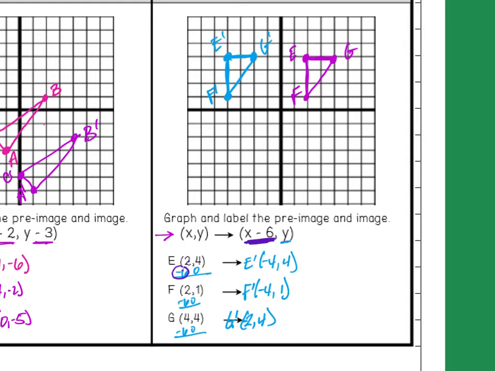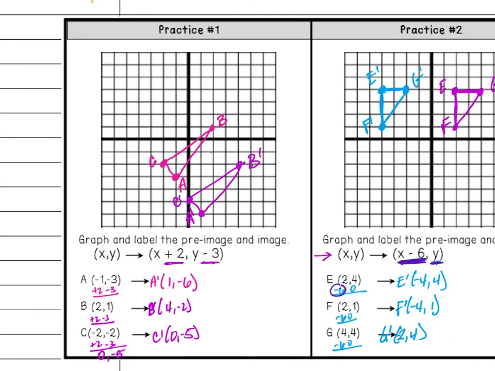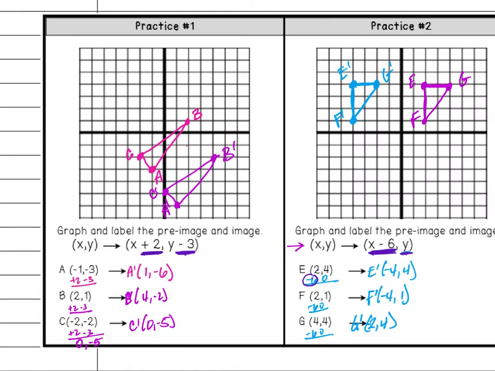Roberto, does that make sense? So you just go to whatever the rule tells you to do, and that's where I got the -6 at. Just like on the first rule, it said x plus 2 and y minus 3, so it's adding 2 and subtracting 3. I hope that helps a little bit. Sorry that I didn't see that sooner.